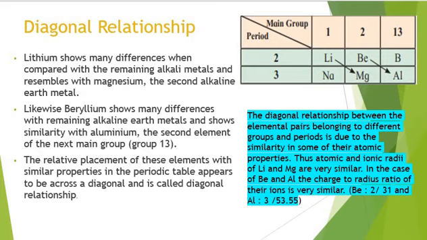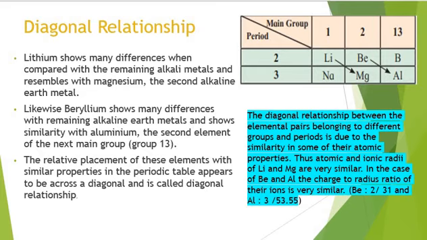It is expected that every element present in a particular group should show properties belonging to all other group elements, and used to show the similarity and gradation in their properties. But the first alkali metal, lithium, and the first alkaline earth metal, beryllium, do not fulfill this expectation.